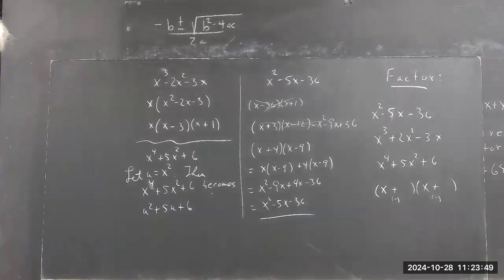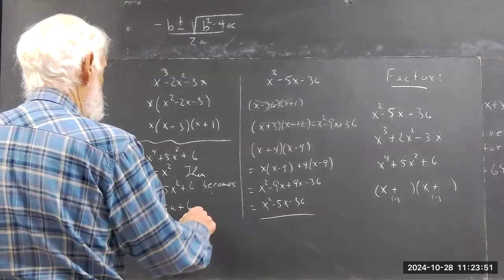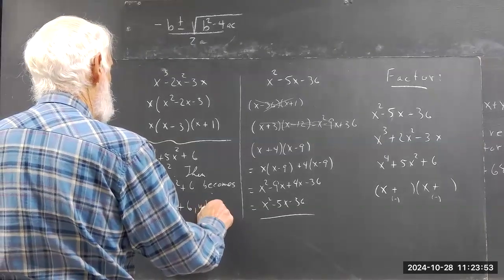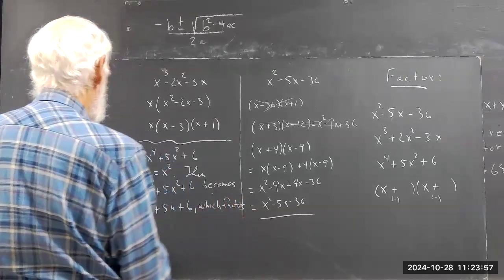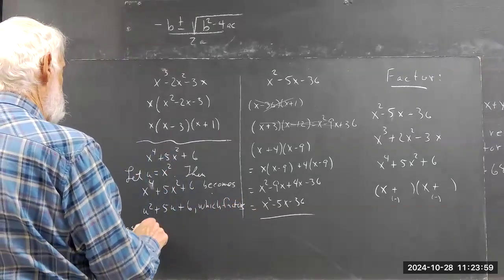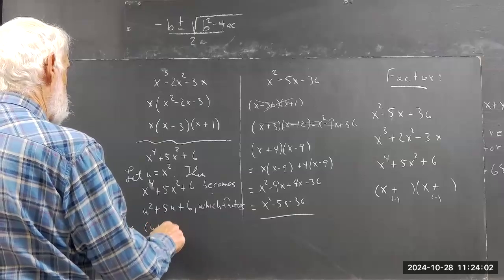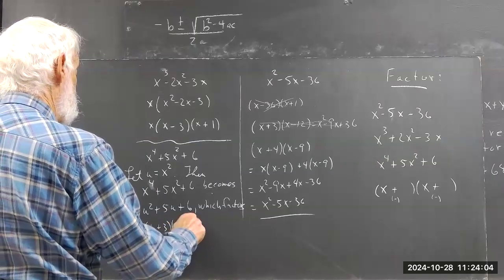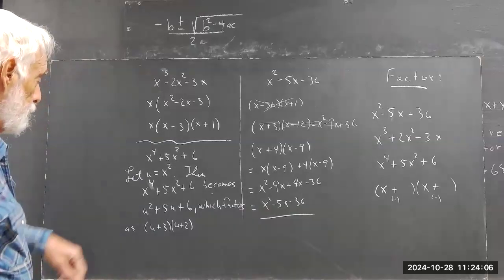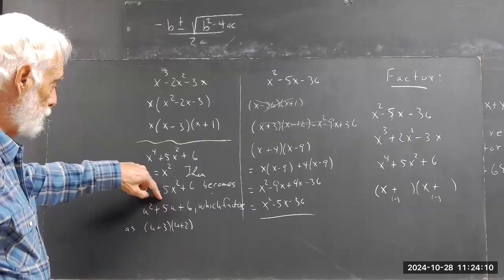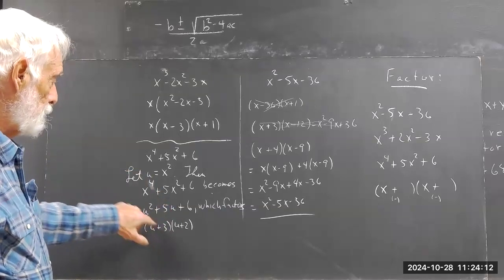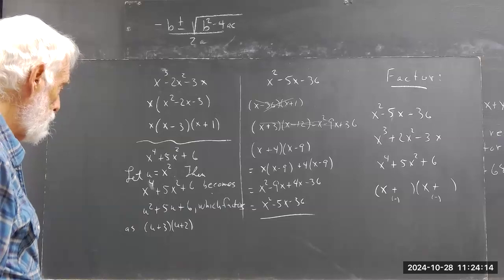And that factors as u plus 3 times u plus 2. And check that out. 3 times 2 is 6, 3u and 2u is 5u, and u times u is u squared, so that works.